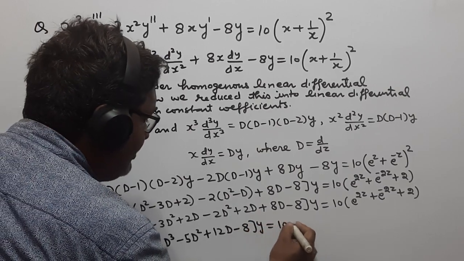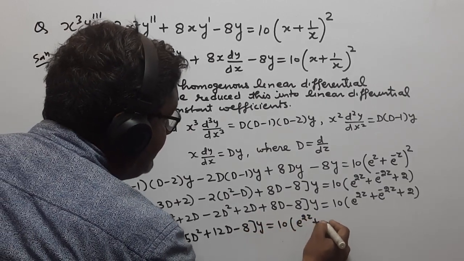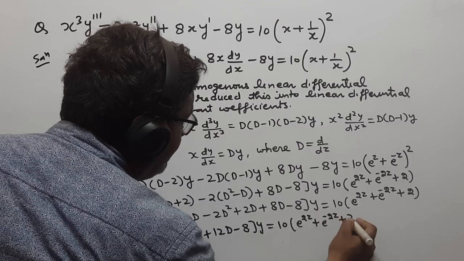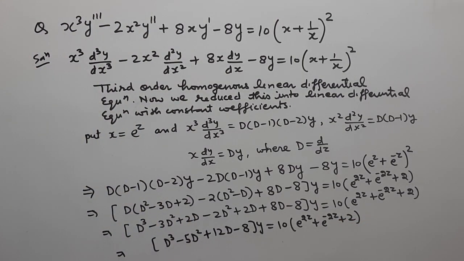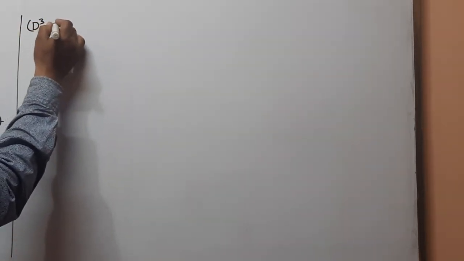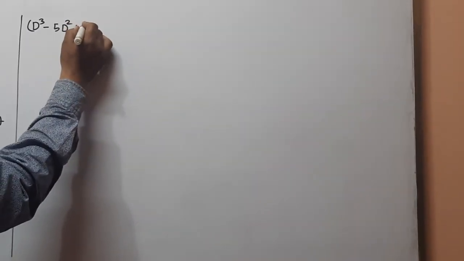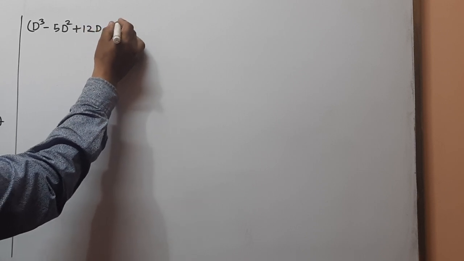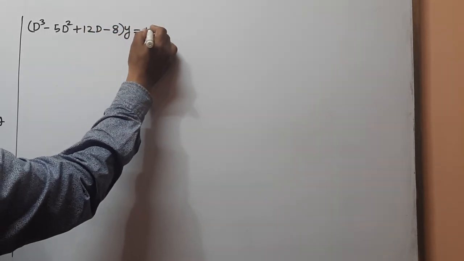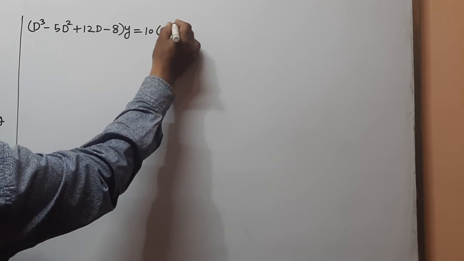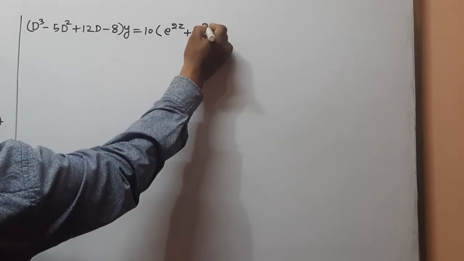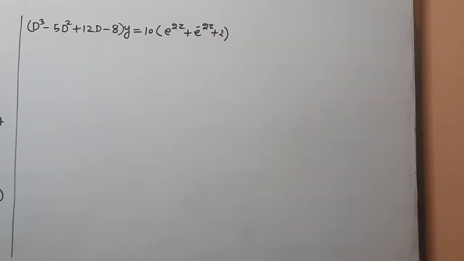Is equal to 10 times (e to the power 2z plus e to the power minus 2z plus 2). So now we can write this as D cube minus 5D square plus 12D minus 8 times y is equal to 10 times (e to the power 2z plus e to the power minus 2z plus 2).